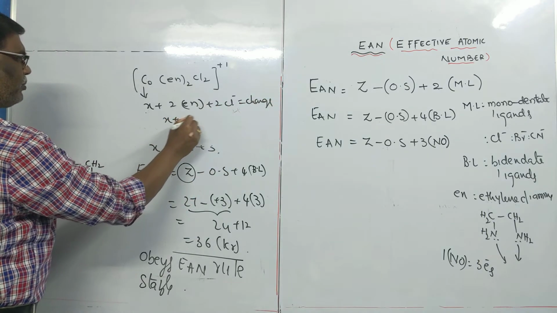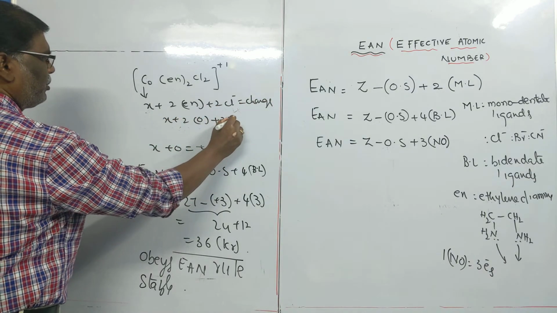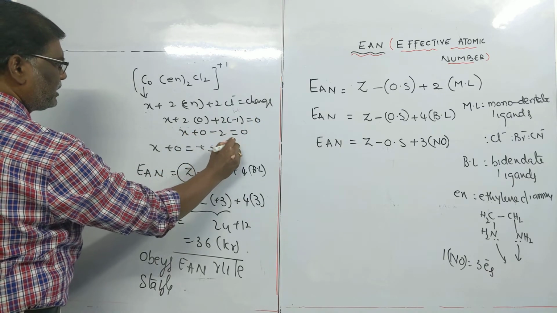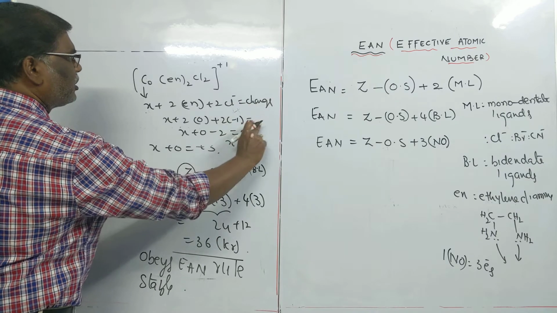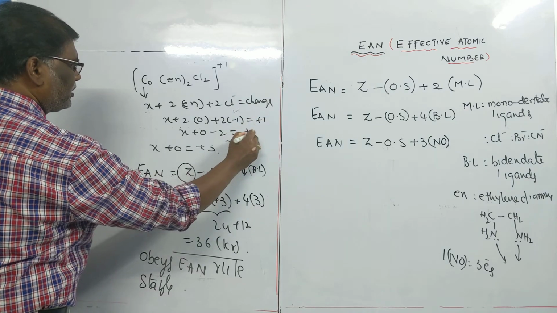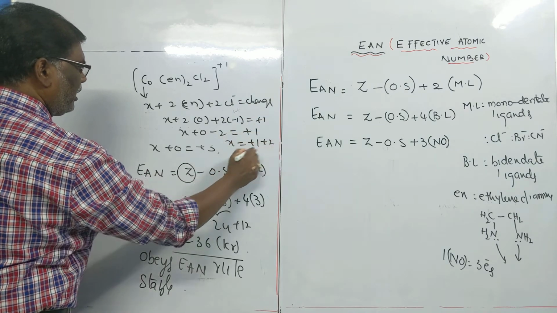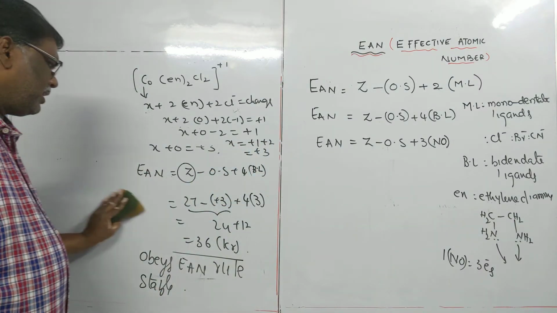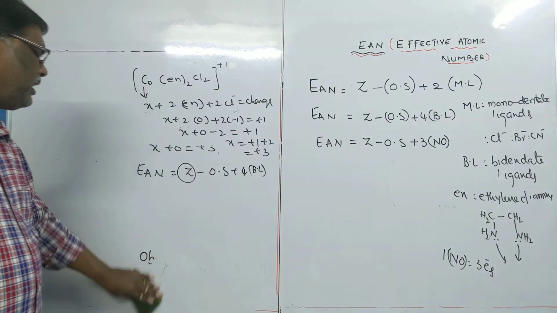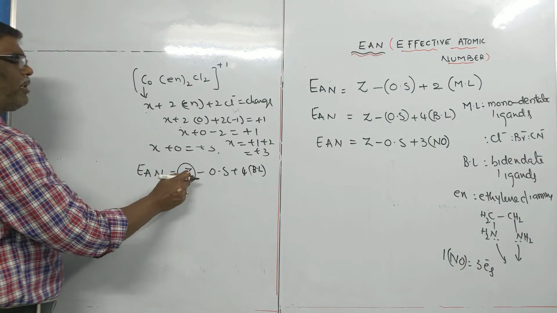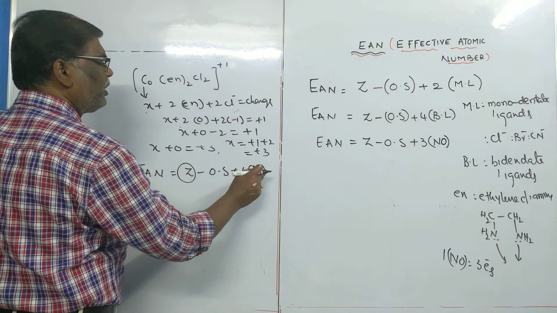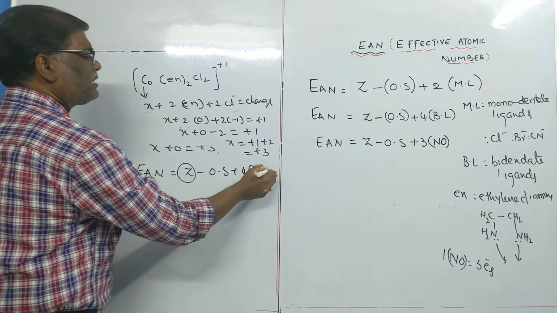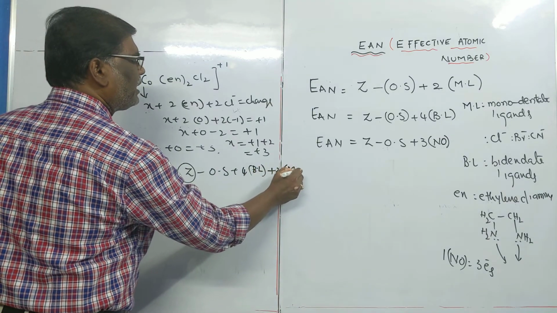So X plus 2 into 0 plus 2 into minus 1 equal to plus 1. X plus 0 minus 2 equals plus 1. So X oxidation state I am getting 3 here. Clear? So X oxidation state is 3. Now we go for the EAN formula. What is the EAN formula? Atomic number minus oxidation state plus 4 into bidentate ligands plus 2 into monodentate ligands.